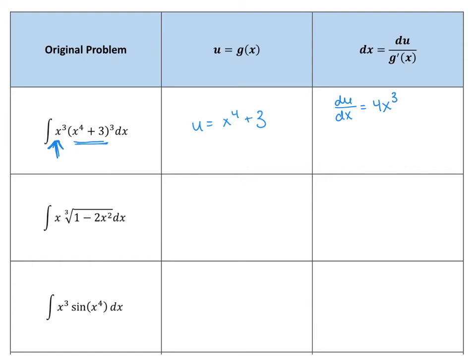So let's keep working with this, because what we need to do is isolate the dx. So we are going to separate the du over dx. So I'm going to have du. And this I'm not sure if we've done before, but we are allowed to separate the du and the dx, because my goal is to get the dx by itself. So I'm going to have du over 4x cubed.